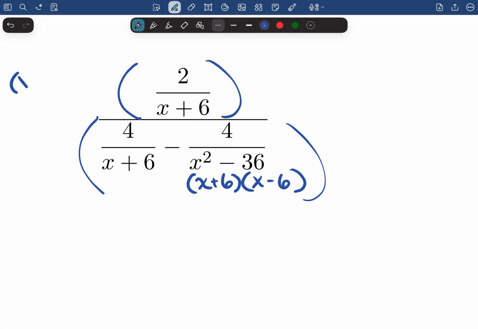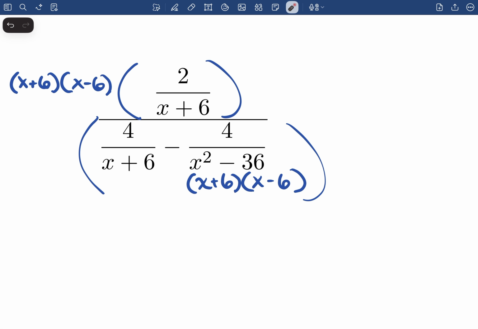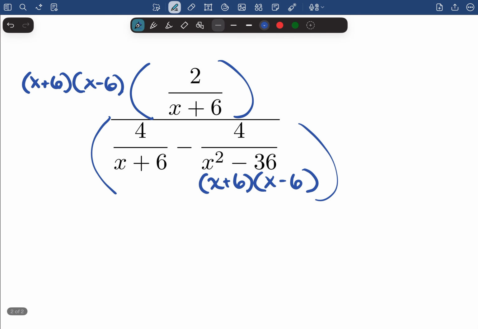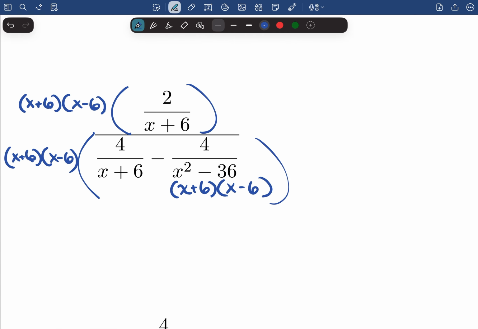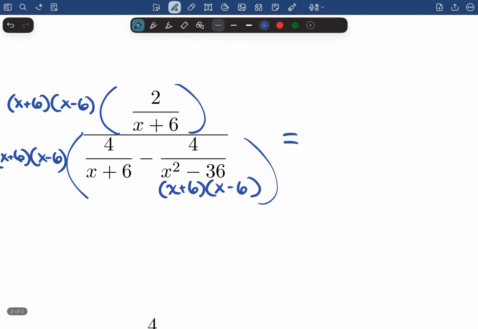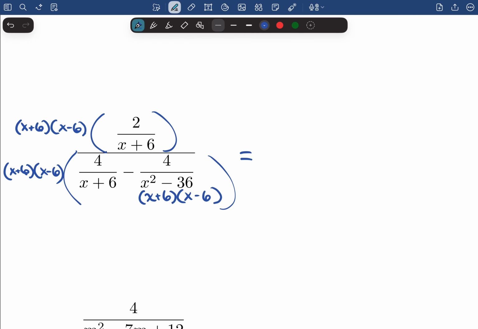And the LCD, least common denominator, is x plus 6 times x minus 6. Those are the factors that we saw, right? We saw x plus 6, but we also saw x minus 6, and so that has to be a part of it. And so I'm multiplying these factors, the LCD's factors, to the top and bottom here. Great. And so now that I've set things up, let's go ahead and write everything out nicely.